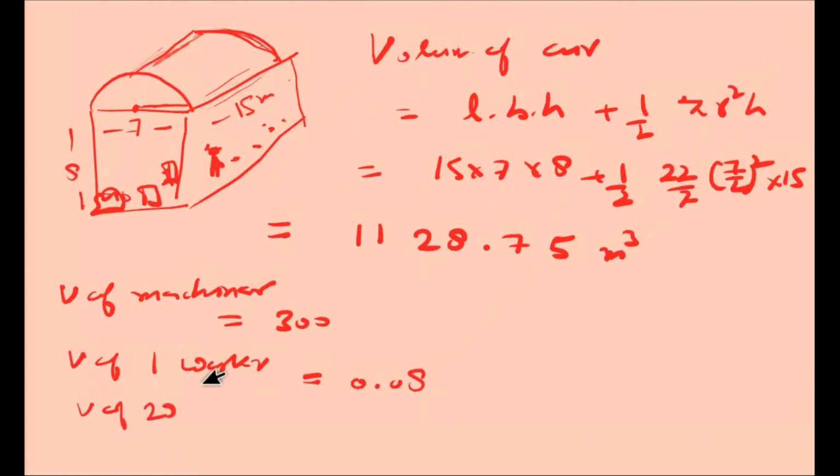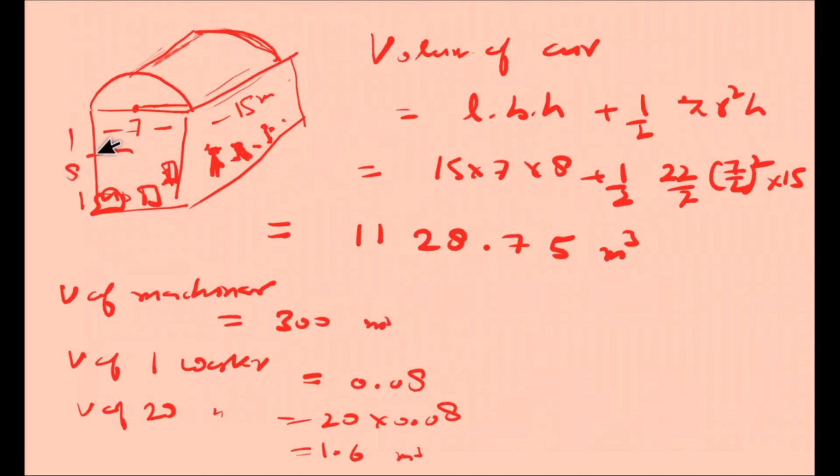Let there are 20 workers, so volume of 20 workers is 20 into 0.08, equal to 1.6 meter cube.